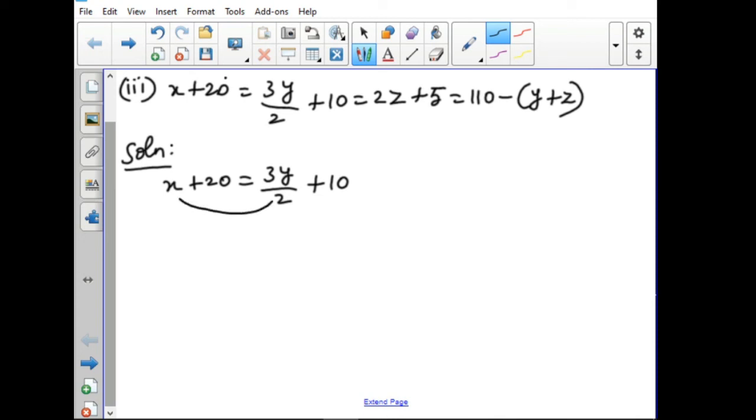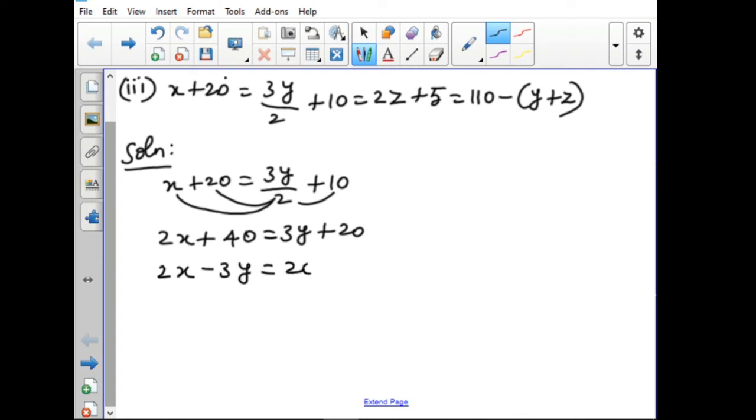What is our equation? 2x plus 40 equal to 3y plus 20. So 2x, bring inside, minus 3y equal to 20 minus 40. So 2x minus 3y equal to minus 20.